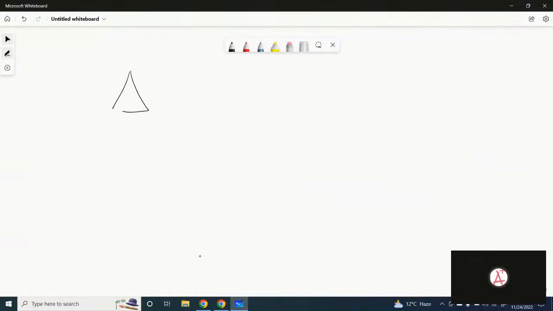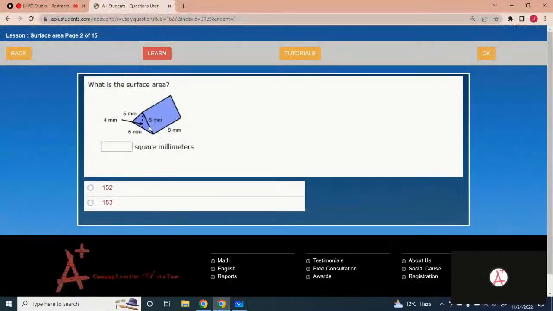This is 4. This is 6 mm. It would be 24, half of it is 12. You have the same face on the other side, so it has the same area, again 12. Then you have this rectangle, 8 and 5.